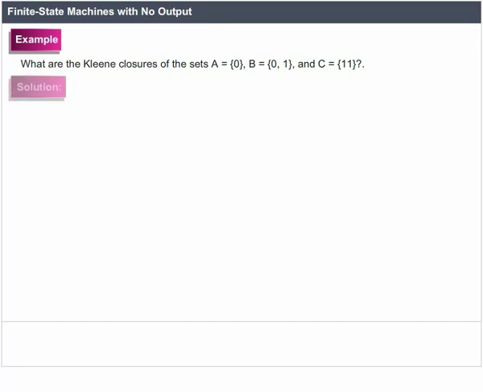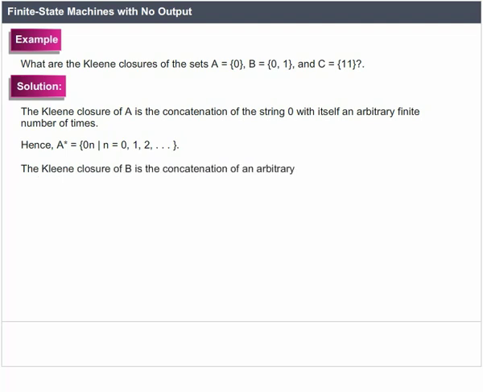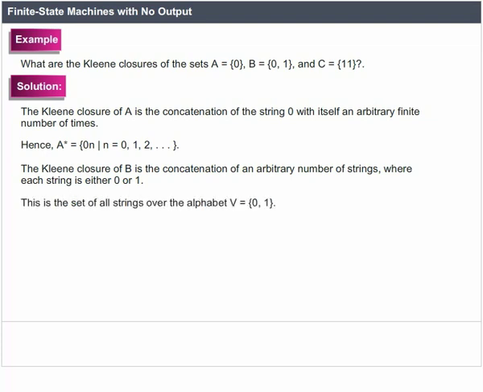The Kleene closure of A is the concatenation of the string 0 with itself an arbitrary finite number of times. Hence, A* = {0^n | n = 0, 1, 2, etc.}. The Kleene closure of B is the concatenation of an arbitrary number of strings where each string is either 0 or 1. This is the set of all strings over the alphabet B = {0, 1}, that is, B* = B*.